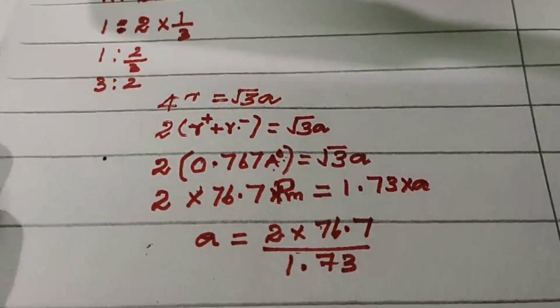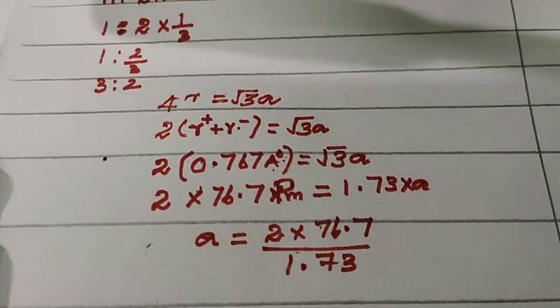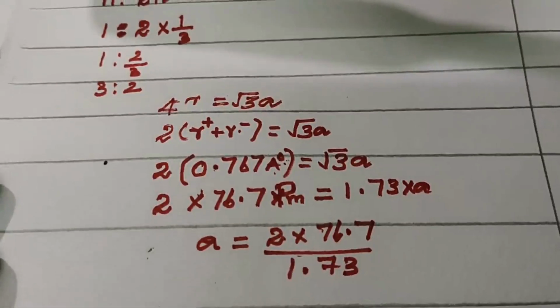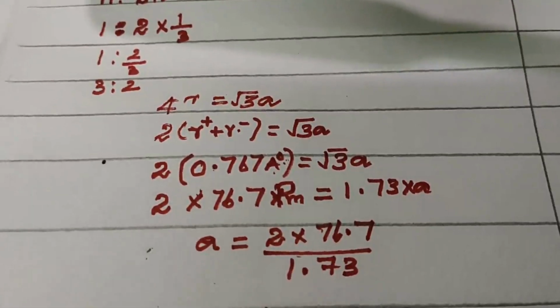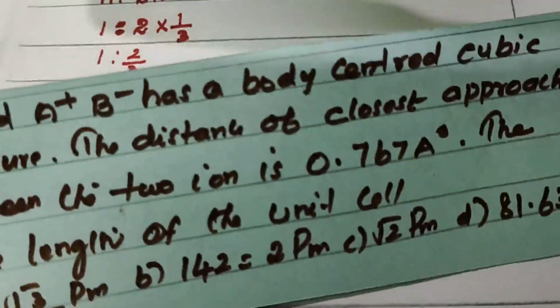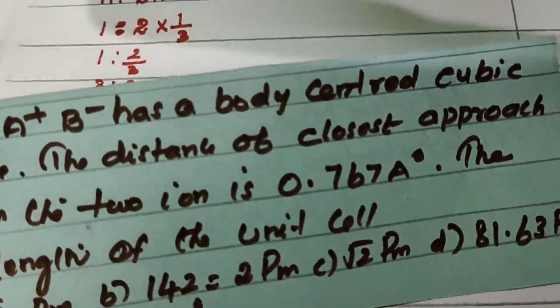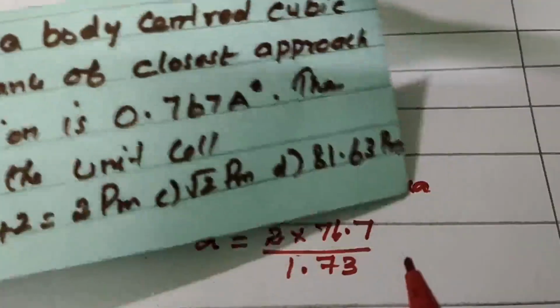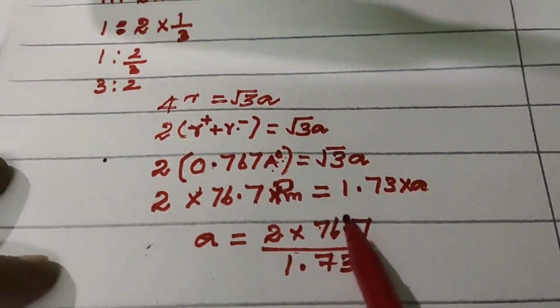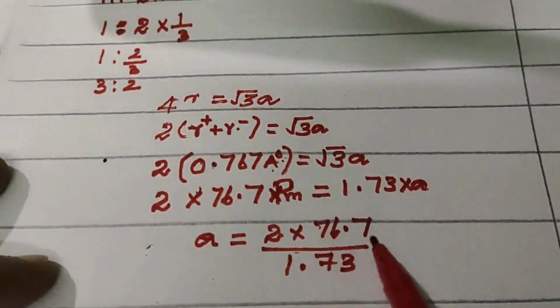Students, you must remember one important concept for doing problems: see the answer options. If the options are very close to one another, option A, option B, option C, then take all the decimal digits and consider all the digits for calculation.